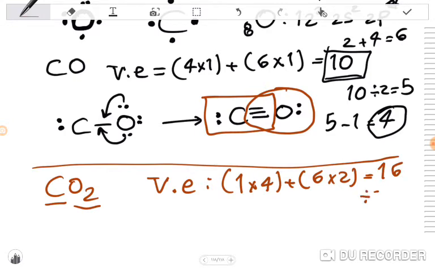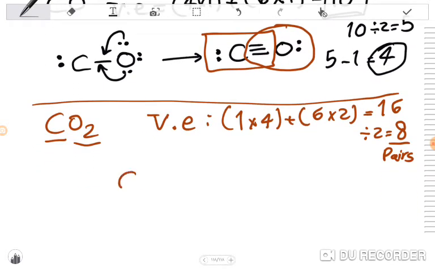Divided by 2, we have 8 pairs. We must draw the Lewis structure for carbon dioxide only with 8 pairs, no less, no more.